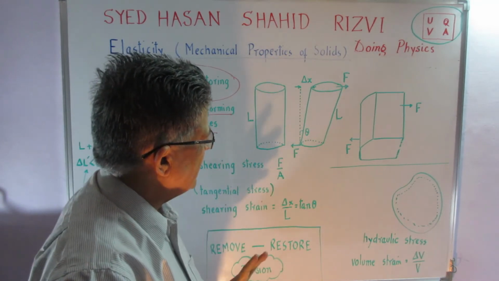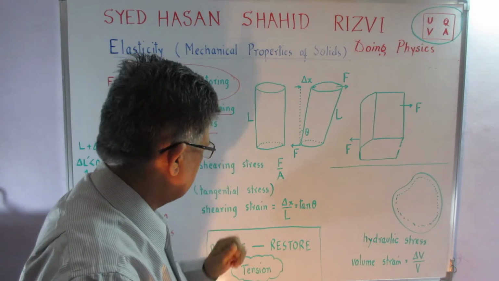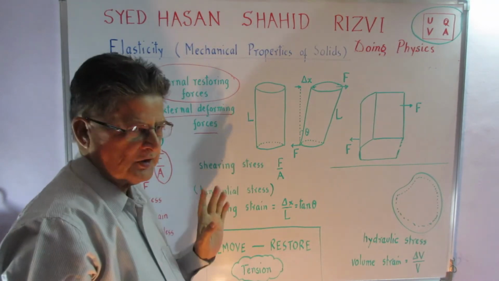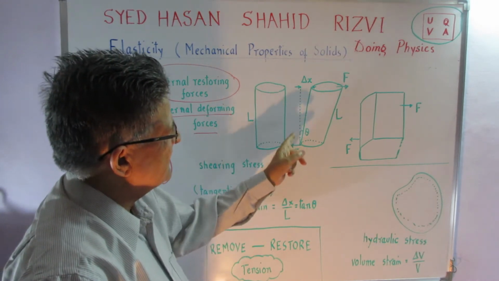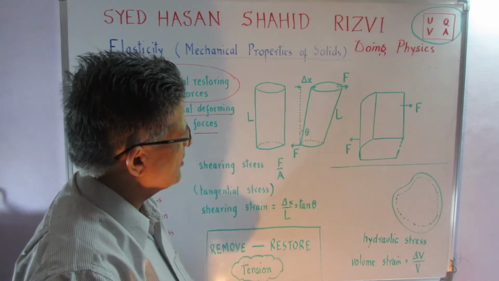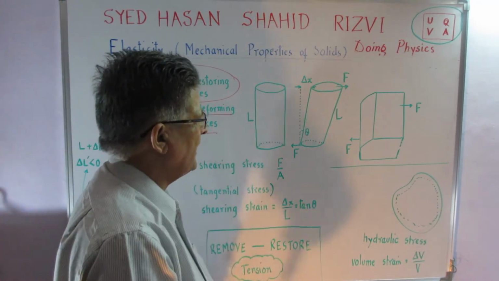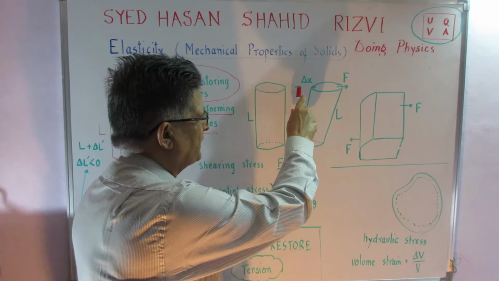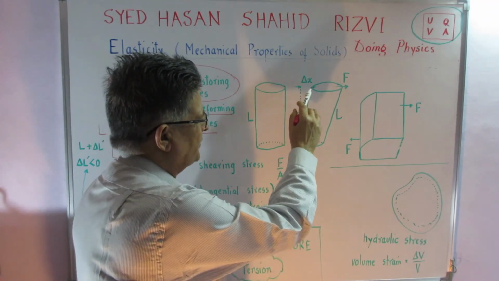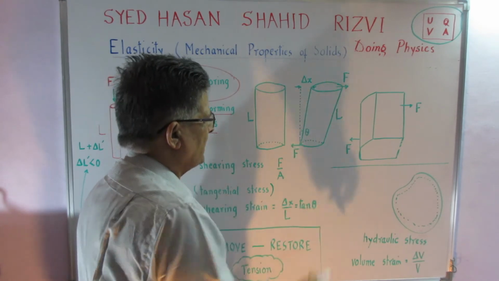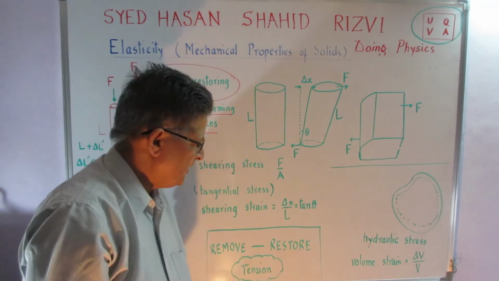The area is there, the force divided by the area will give us the shearing stress. Actually it is a kind of shearing stress, and there is a deviation over here, and that means there is an angle theta that this length makes with the original direction, and there is a displacement at the top which is equal to delta x, which is shearing.